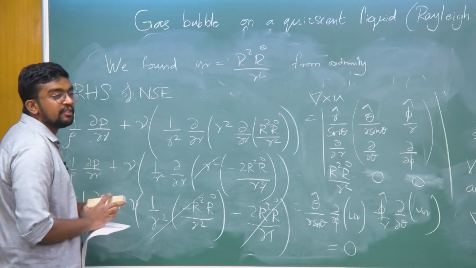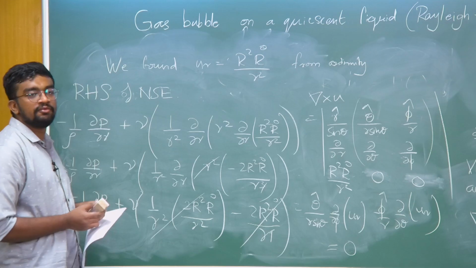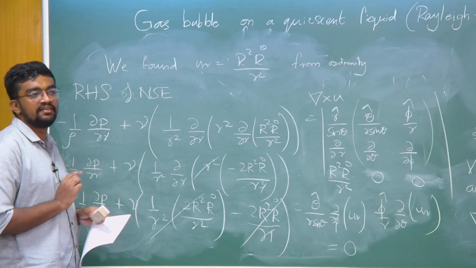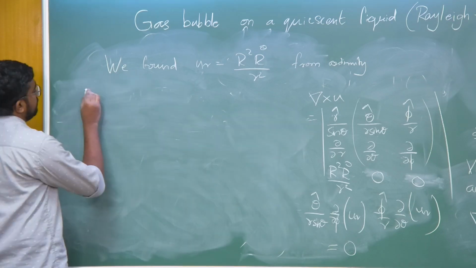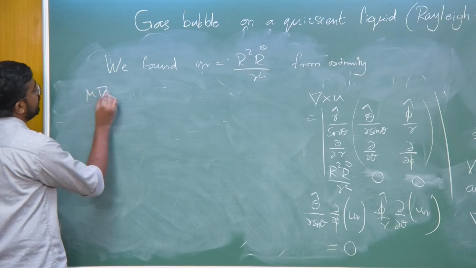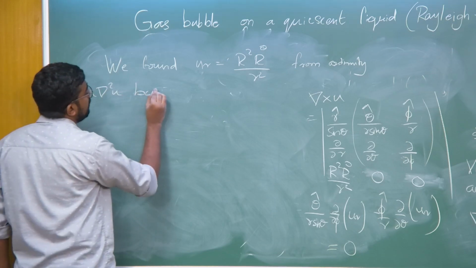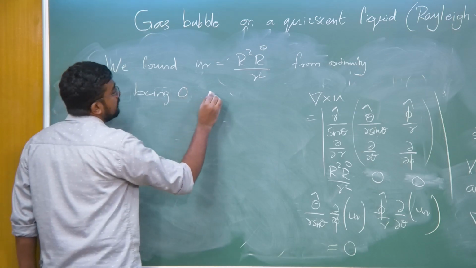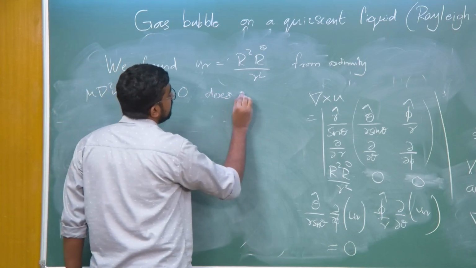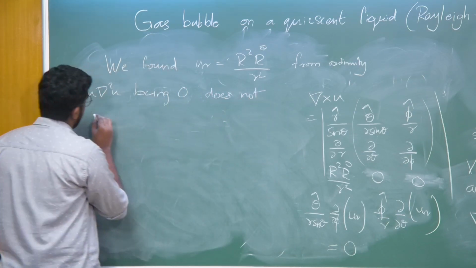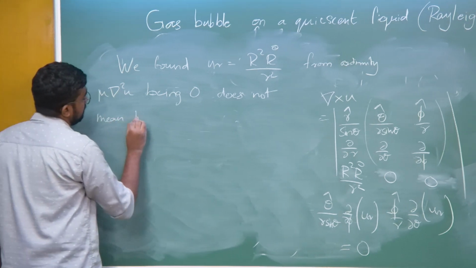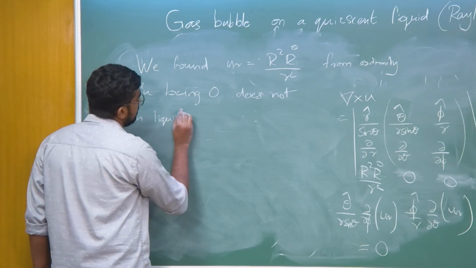So the viscous term being 0 does not mean that the fluid or the liquid is inviscid. Mu del square u being 0 does not mean the liquid is inviscid.